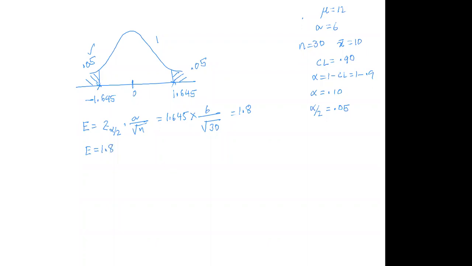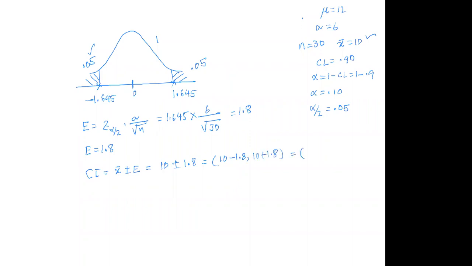And then confidence interval CI is X bar plus or minus margin of error. X bar is 10. So 10 plus or minus margin of error, which is 1.8. So it's going to be 10 minus 1.8 comma 10 plus 1.8.